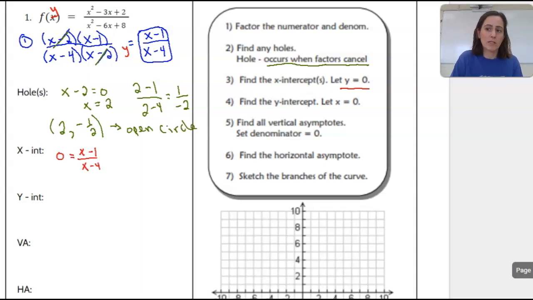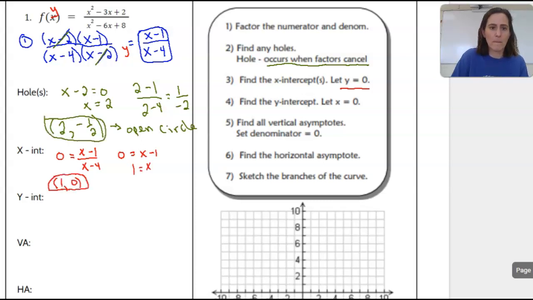As we talked about earlier, you essentially just set the numerator equal to 0, because if we're cross multiplying, then 0 times the denominator is always 0. So that's why it's 0 equals x minus 1. We add 1 to get 1. So the x-intercept would be 1 comma 0.